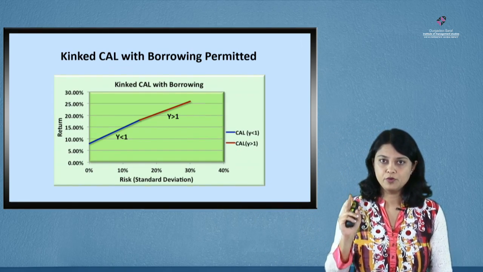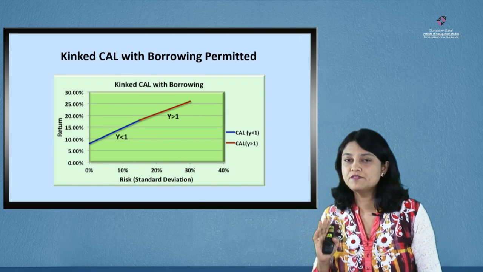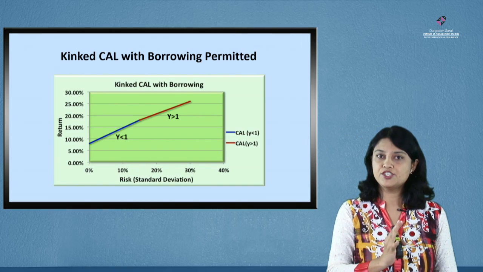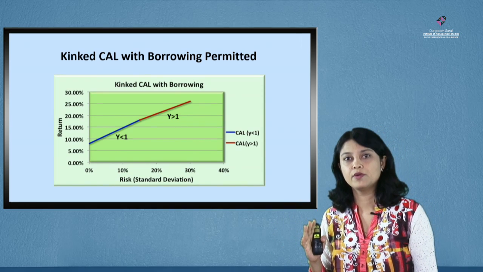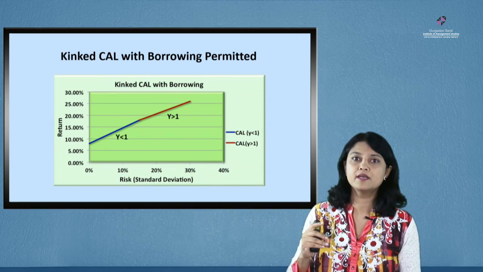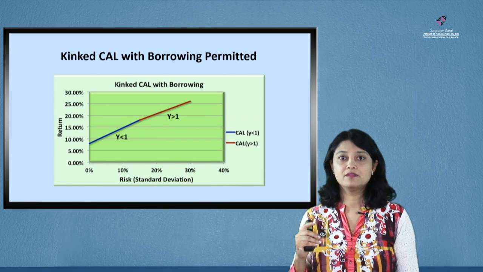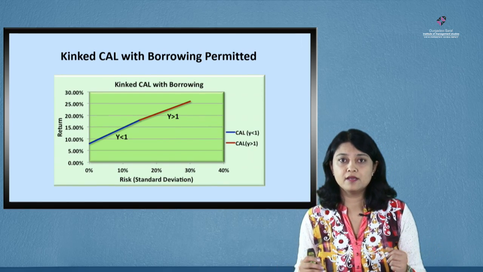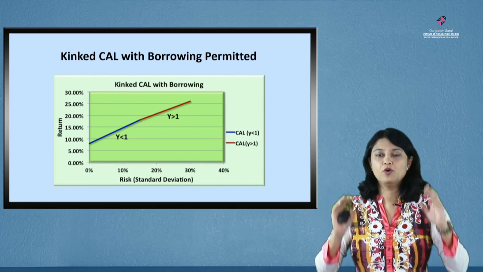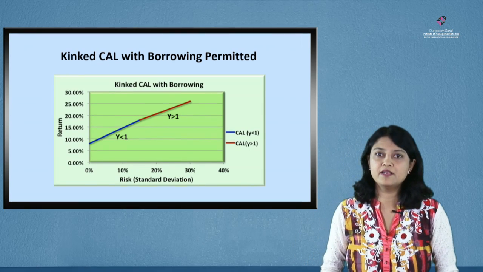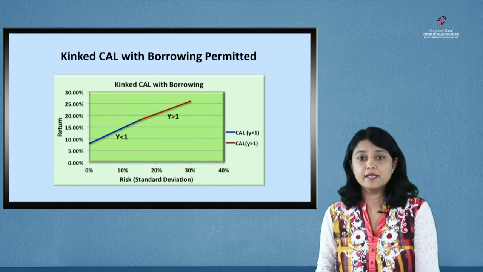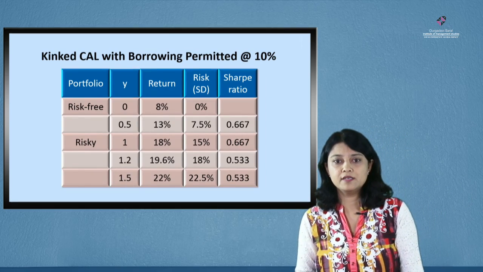So the two main concepts we have done are the capital allocation line without borrowing and the capital allocation line with borrowing. So with borrowing, yes, you can increase your return. Oh, that raises a question in my mind. Then shouldn't everyone borrow? Because an 18%, 15% portfolio is anyway available. If I borrow, I can earn more than 18%, as you can see in the table.